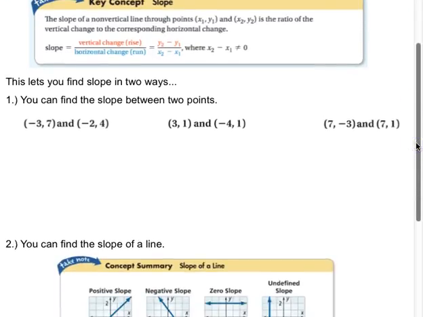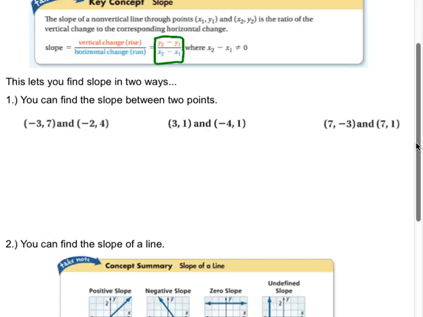When we're thinking of 2 points, here's the formula that we end up thinking of when we're looking at points: y2 minus y1, so subtract the y's and divide that by subtracting the x's.